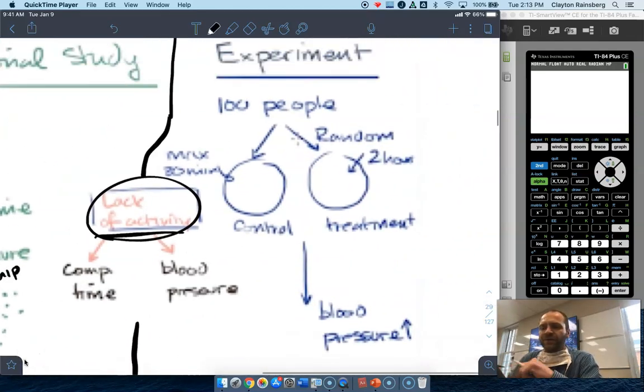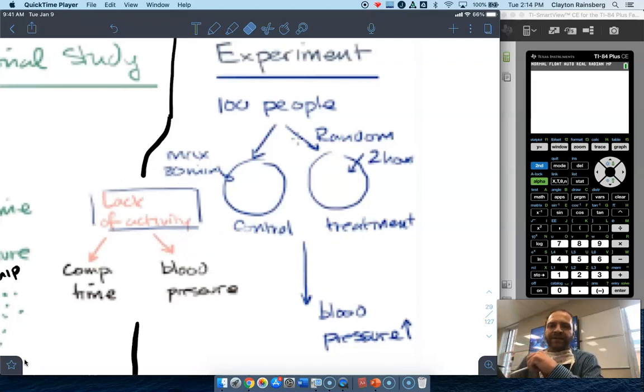That's where 4.2 comes in. If we do an experiment, a well-designed experiment following the 3 principles of design, we can control for those confounding variables. And what an experiment does is impose a treatment on a group of people. So in this case, this group can see a max of 30 minutes on the computer, and this group does 2 hours on the computer.